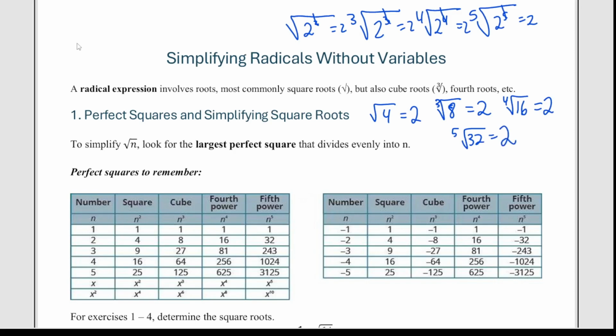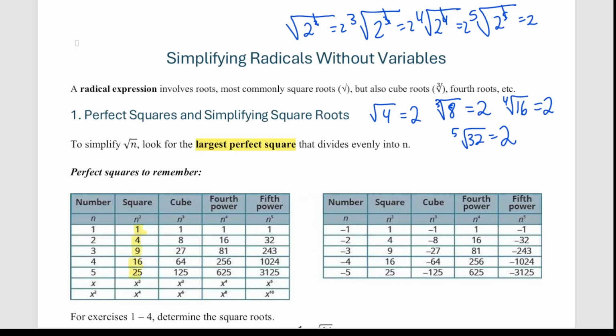So in order to recognize a lot of these square roots, cube roots, fourth roots, etc., it's going to be helpful to recognize a lot of the common squares, cubes, fourths, etc. When we say perfect square, that is dealing with any of these ones that simplify nicely.